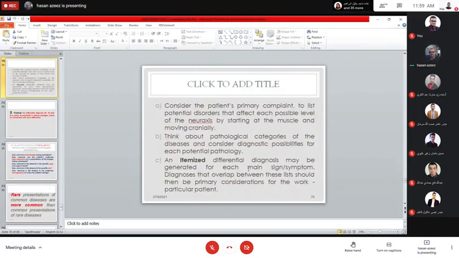This is the proposal: consider the patient's primary complaint, for example weakness.